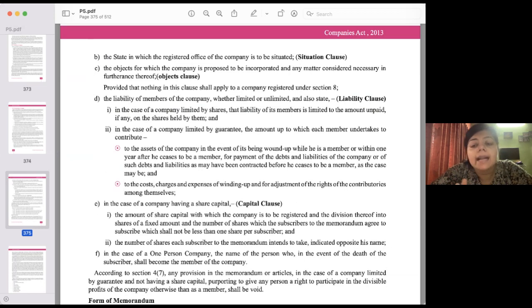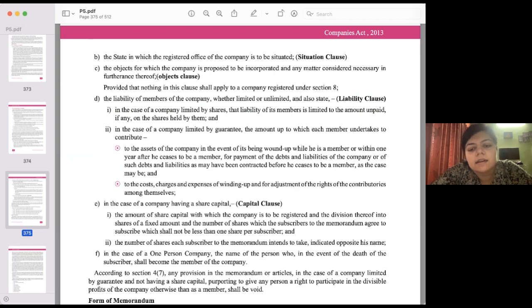Now, you may add things to it. Usually when a company incorporates itself, the objects clause is kept extremely fluid, completely diluted, but it can be made more expansive or more specific as and when the company is functioning.